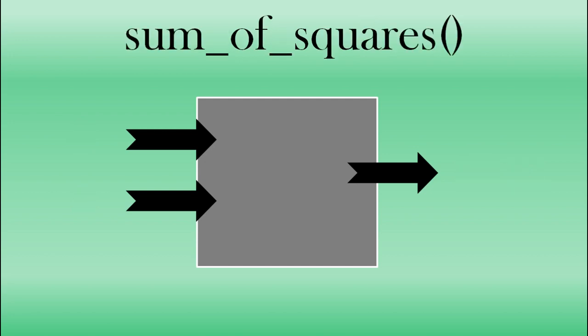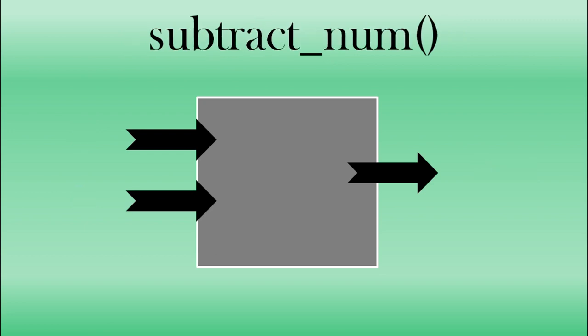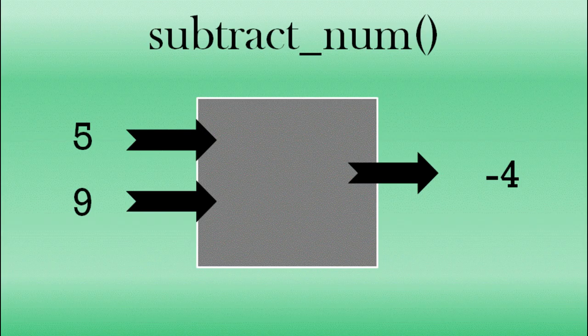Here we've got sum of squares. We put in 5 and 9, gives us 106. Subtract num. We put in 5, then 9, comes with minus 4. So we don't need to see inside the function. We can put in input and it will give us the correct output. And we can use it many times.